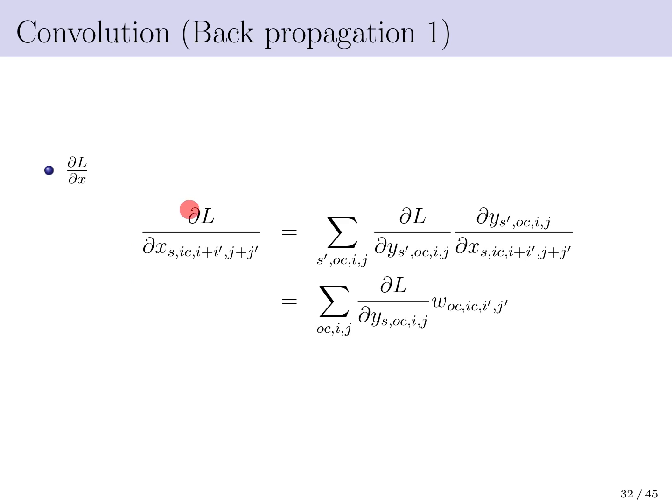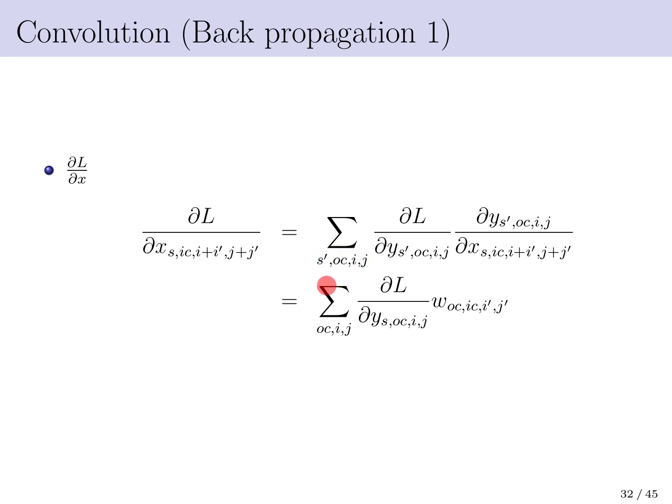So you want to get the derivative of L with respect to each of the input x variables, and the chain rule takes the sum over all the variables of y.